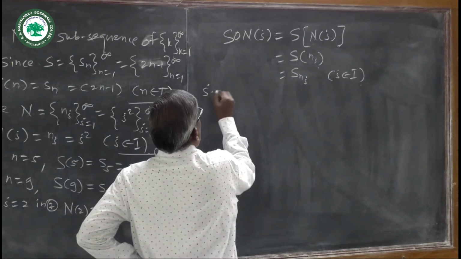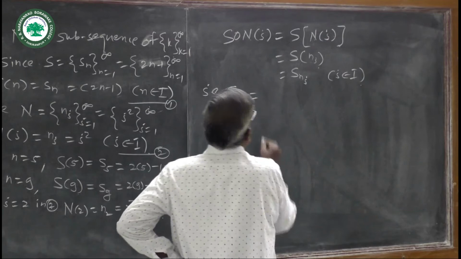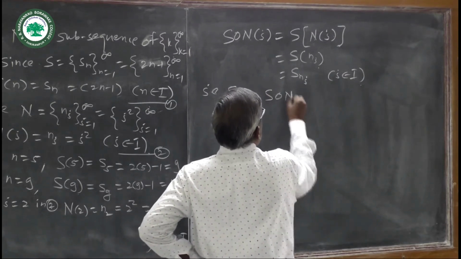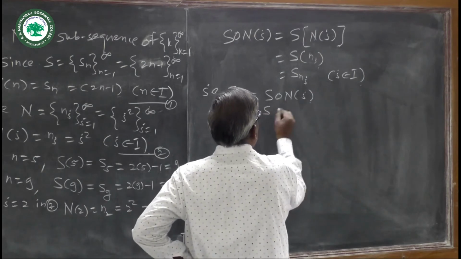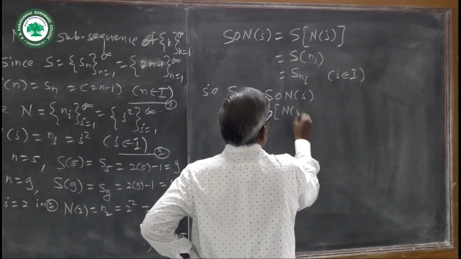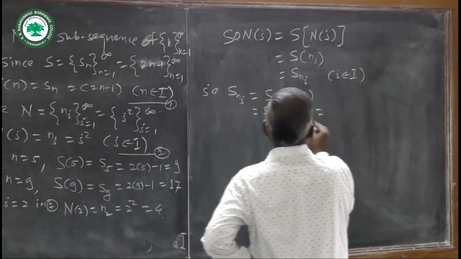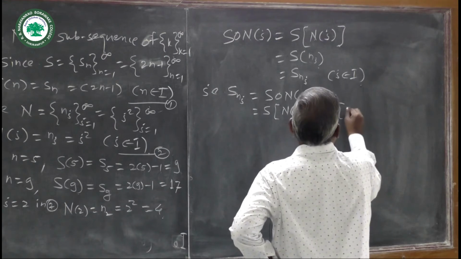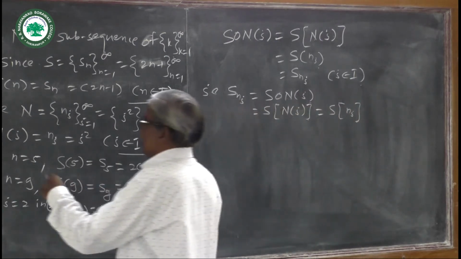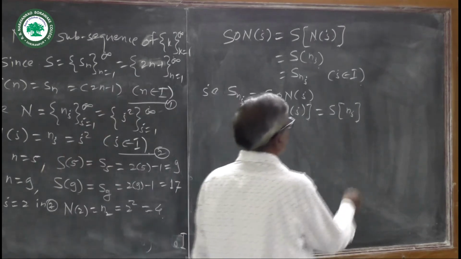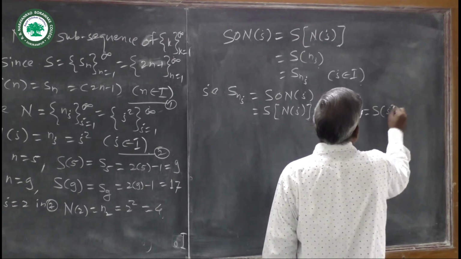That is, s_{n_i} is equal to (S composition N) operates on i is equal to S operates on (N operates on i), which gives small n_i. The value of small n_i is equal to i square, so this is S operates on i square.